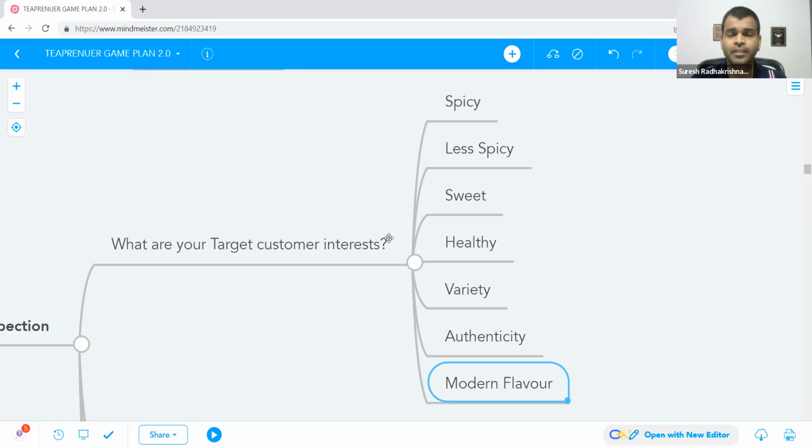Healthy items. We were the first brand to offer 3 sweetener options for tea: regular sugar, cane sugar, and honey. We kept this in mind. Our target audience in tech parks would love to have healthy stuff. In some outlets, our cane sugar consumption was more than the regular sugar.